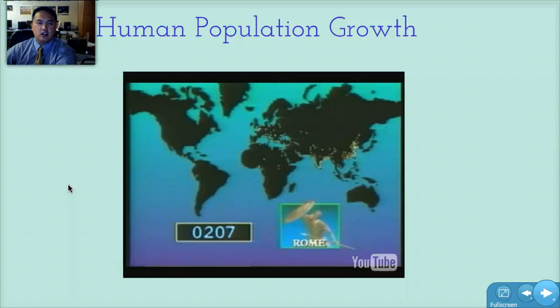So you see it's sort of slow, nothing's really happening. We're in the year 200s. We're now in the 600s, still growing, but nothing really shocking yet.